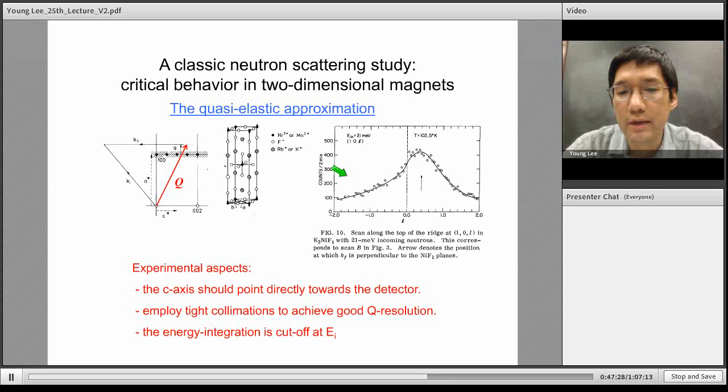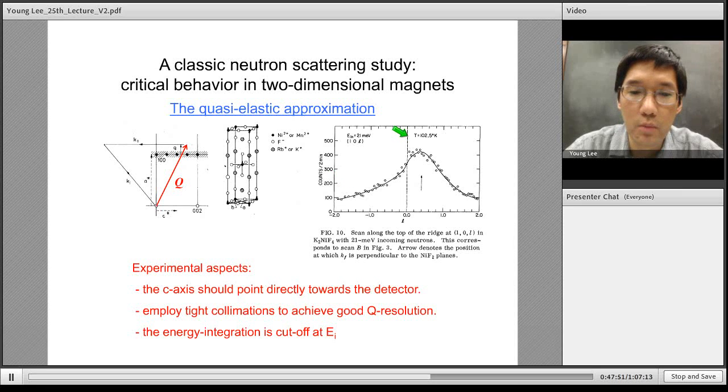But now when you integrate over energy, you're also changing Q in plane, and because you will have some dispersion of your excitations along the in-plane direction, you get a diminishment in the peak intensity there, and that's what this is showing.